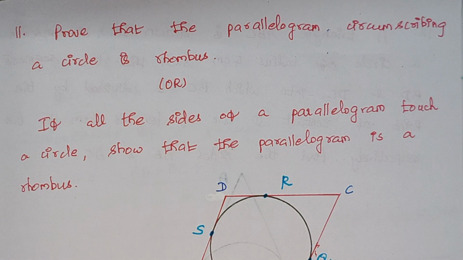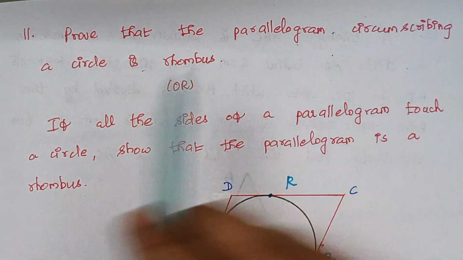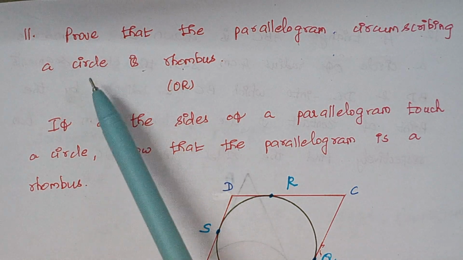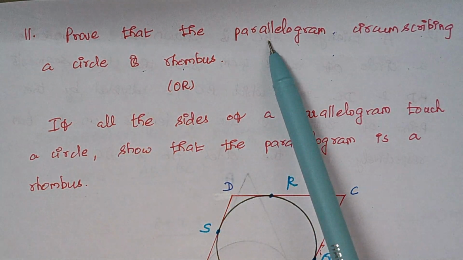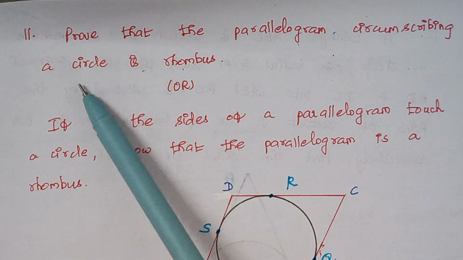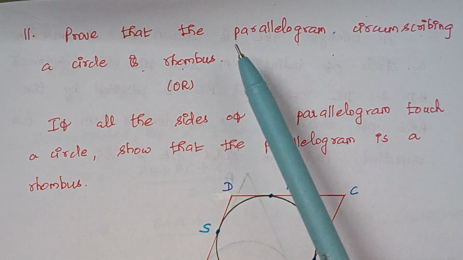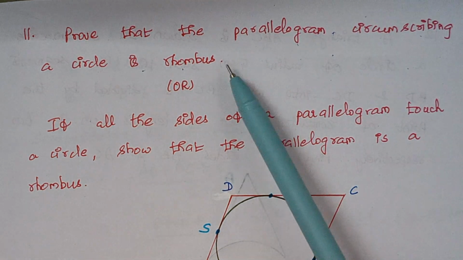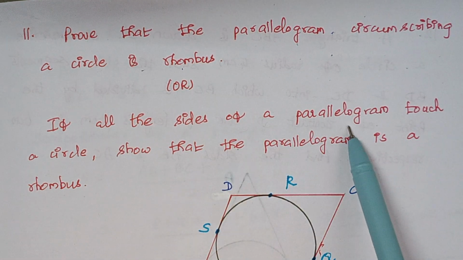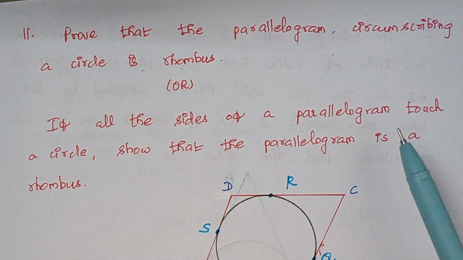Problem number 11. Prove that the parallelogram circumscribing a circle is a rhombus. There is a circle inside and a parallelogram outside. The same question can be told in a different way: if all the sides of a parallelogram touch a circle, show that the parallelogram is a rhombus.